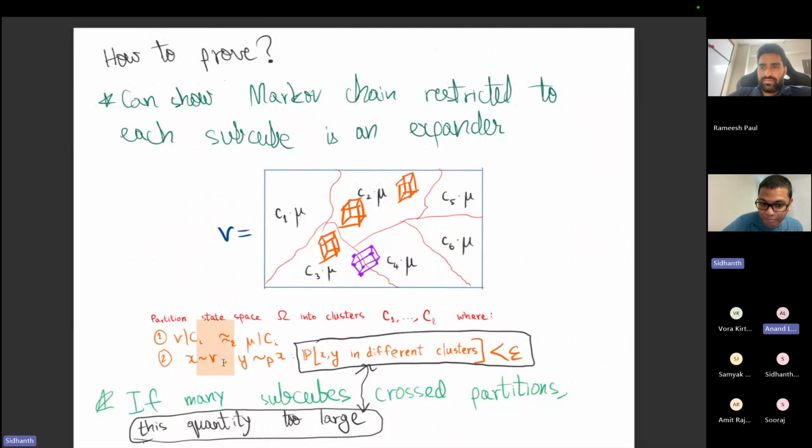But here I'm saying most cubes, which are weighted according to nu, where nu is the locally stationary distribution that you reached when you ran your Markov chain for a while, are actually contained within clusters. Okay. Got it. Yeah. It's a good question though. I think I was maybe not so clear about it. So thanks for asking.